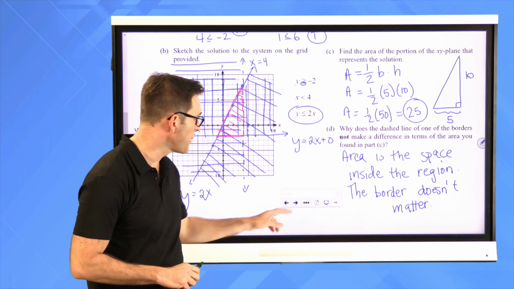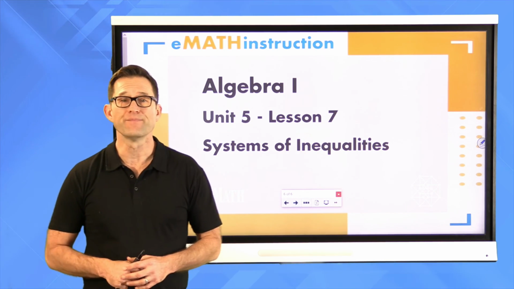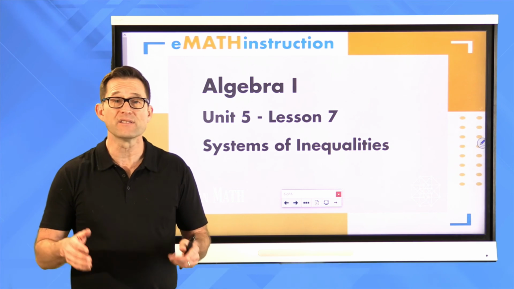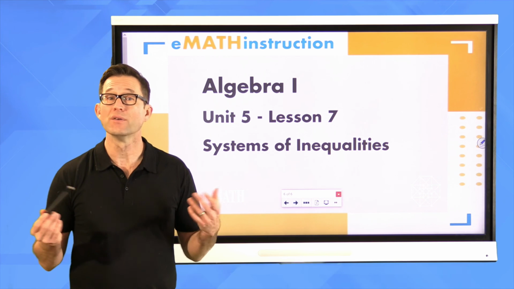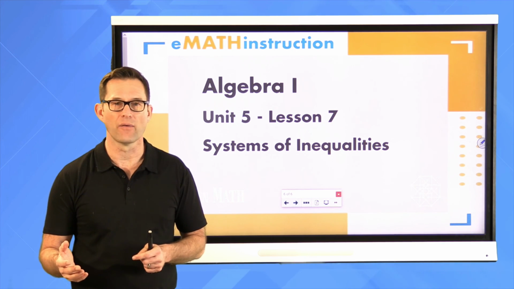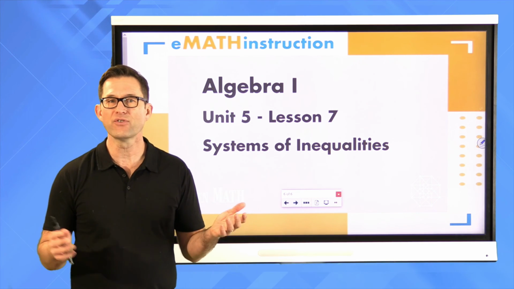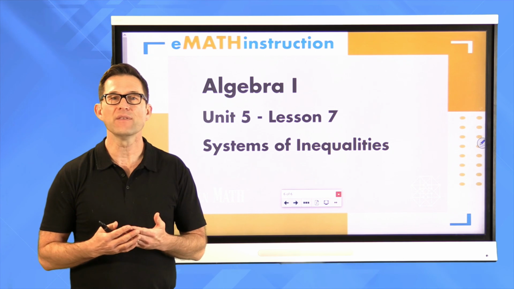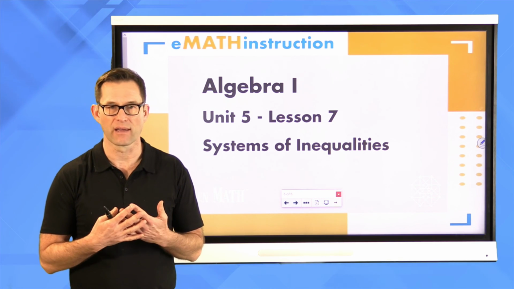All right, let's wrap this up. So the cool thing about systems of inequalities, right, is that they are simply, at least in this course, 2 inequalities with 2 variables. How do you solve a system of inequalities? Well, there's no real way to algebraically solve them. Not really, right? The way that you solve them is you graph the 2 inequalities and you find the section of the plane that represents the overlap of their shading, right?